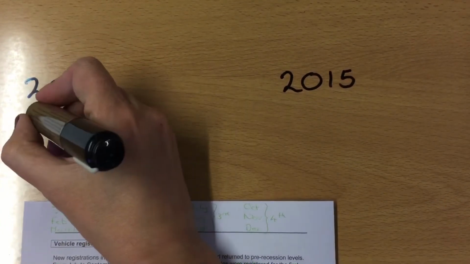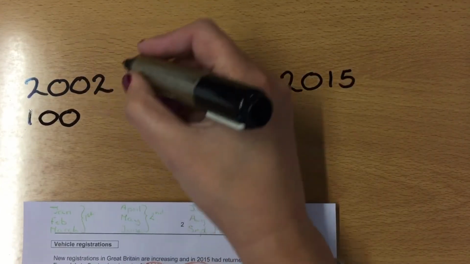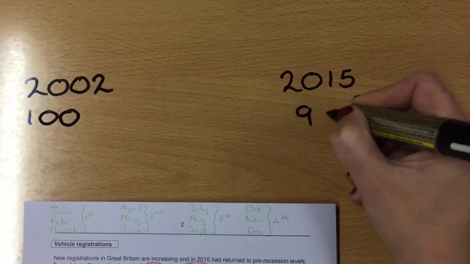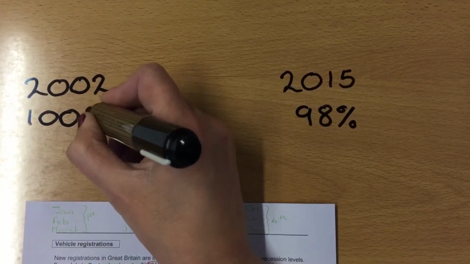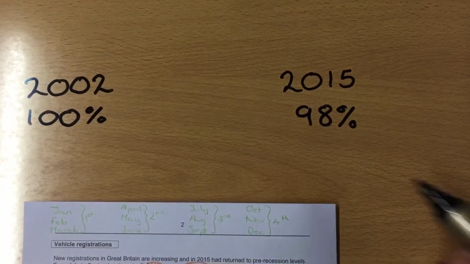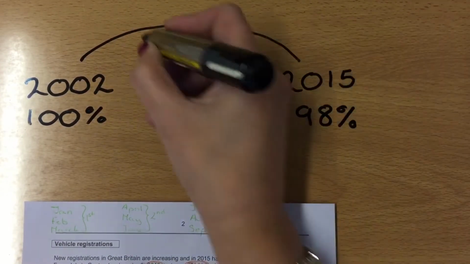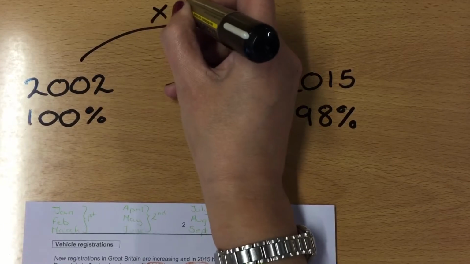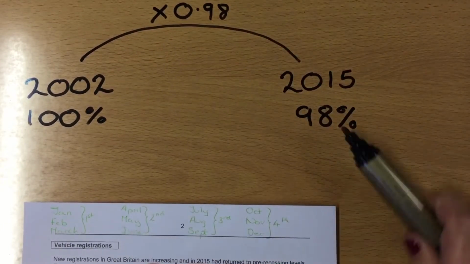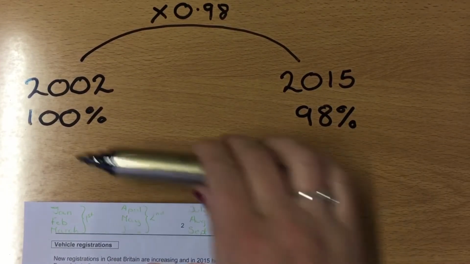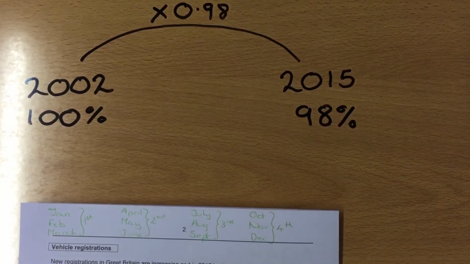So if this one was at 100, then we drop 2% down to 98%. So to go from here to here, we would times by a multiplier of 0.98. So divide by 100 times by 98.